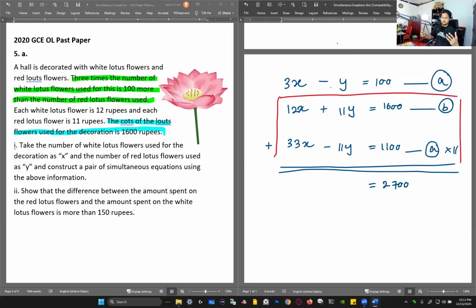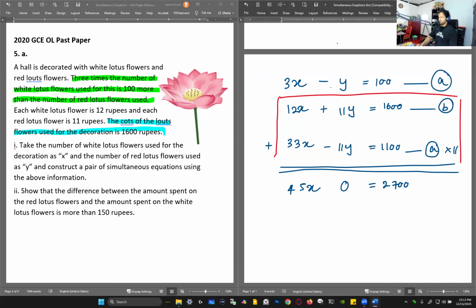All right. So, positive y minus 11y equals 0. And 12x plus 33x equals 45x. So 45x.